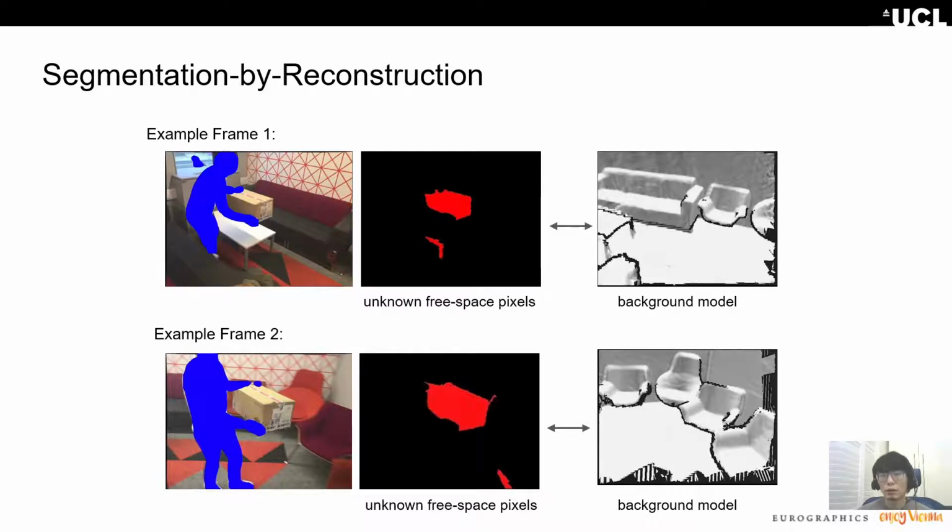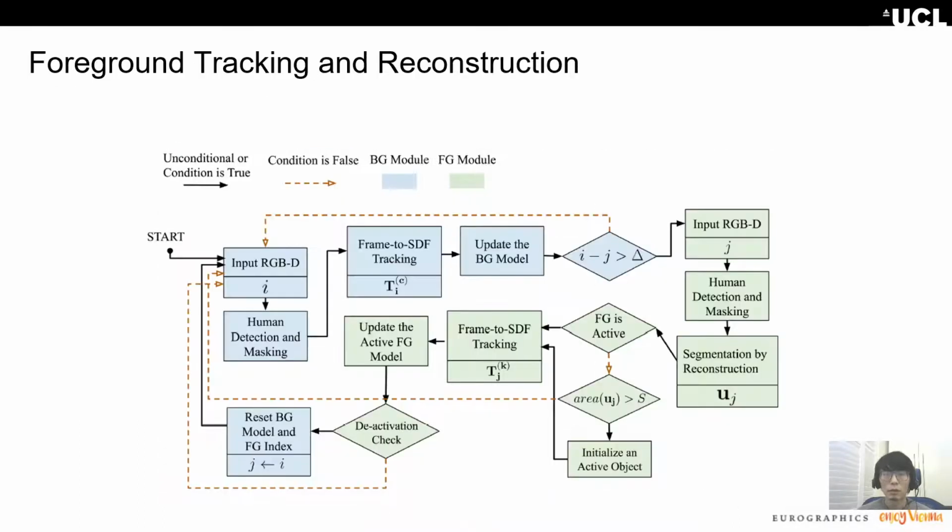As you can see in the image, it produces a very nice initialization, but we still need to handle segmentation outlier. To start foreground tracking, we check the area of the unknown segment provided by the previous step. If the area of the unknown segment is larger than a threshold, we will initialize the foreground tracking.